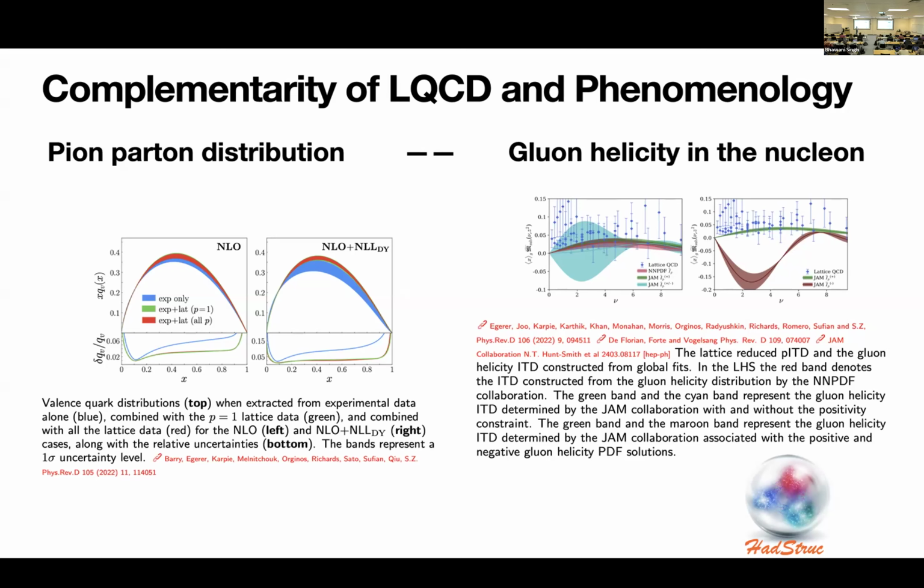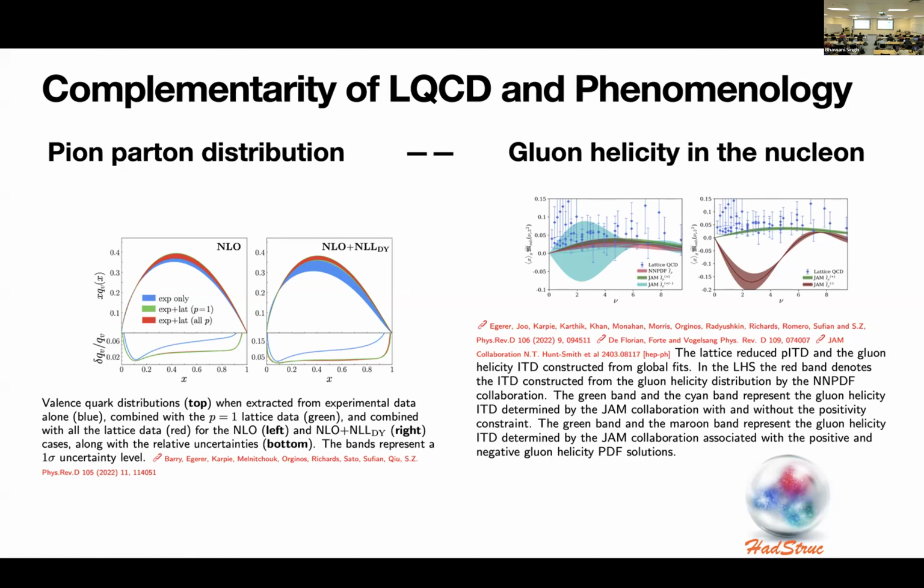And if you combine now the lattice data with the phenomenological results, this red branch that was sitting down here now all of a sudden becomes positive, and you don't have these two possibilities for describing the experimental data. So you have now two consistent solutions to your experimental problem.